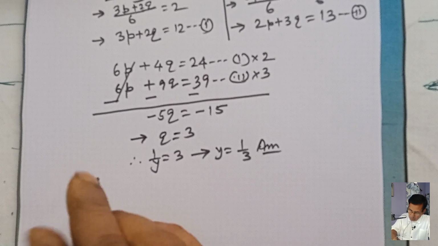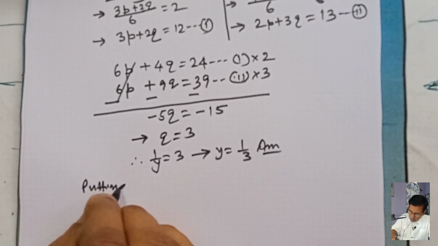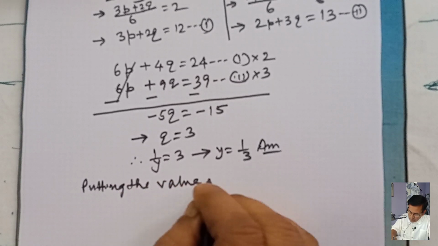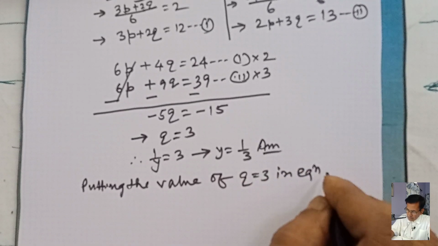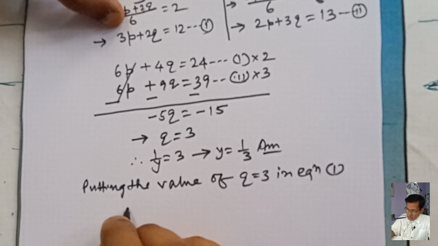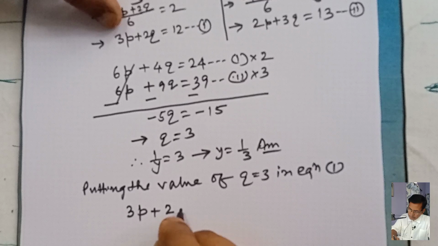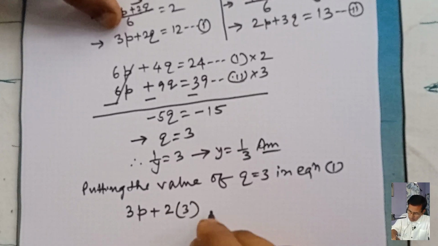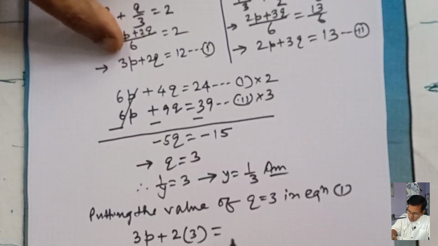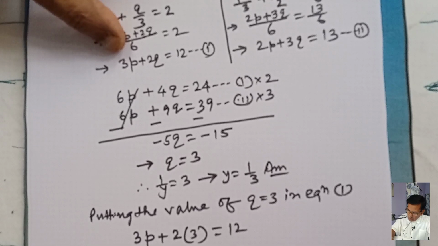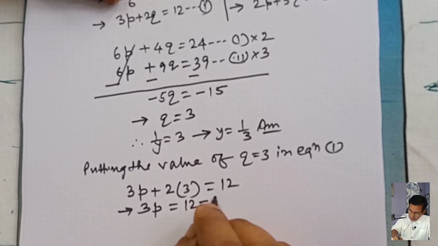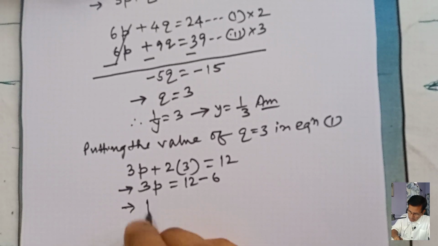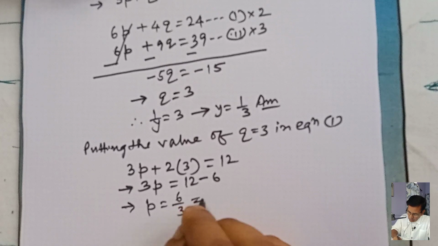For the second one, putting the value of Q is equal to 3 in equation 1, 3P plus 2Q is equal to 12, or 3P is equal to 12 minus 6, or P is equal to 6 by 3 is equal to 2.